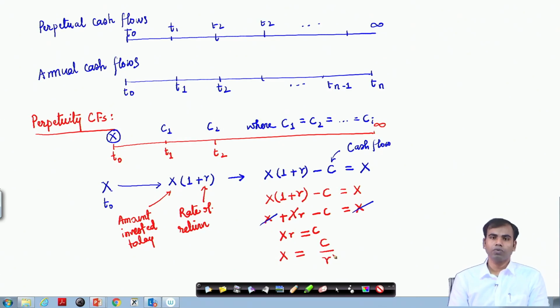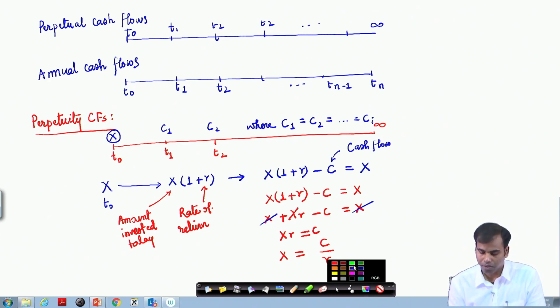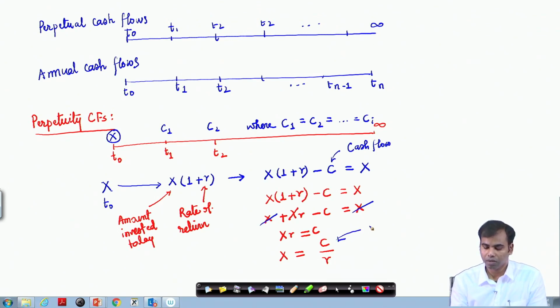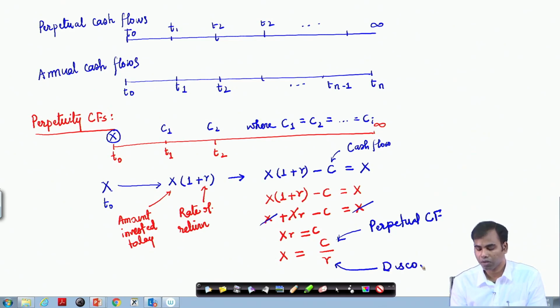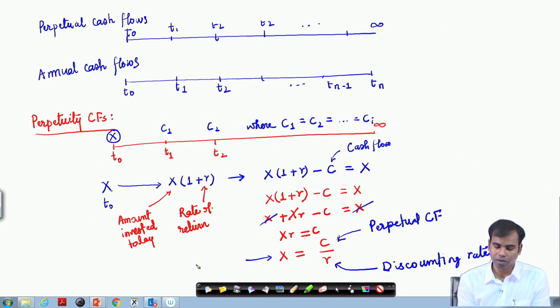So, this is a formula which will give you, given that this is the perpetual cash flow, given that this is the rate of return, let us call it the discounting rate, and this is the initial investment.